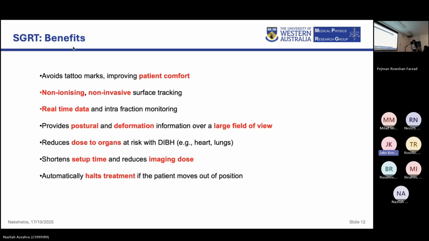Importantly, it also reduces setup time and minimizes the need for additional imaging because of its accuracy and beam gating as well.